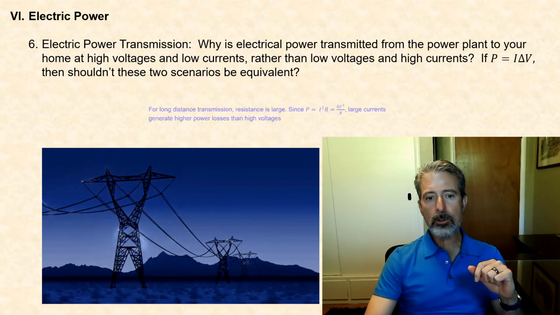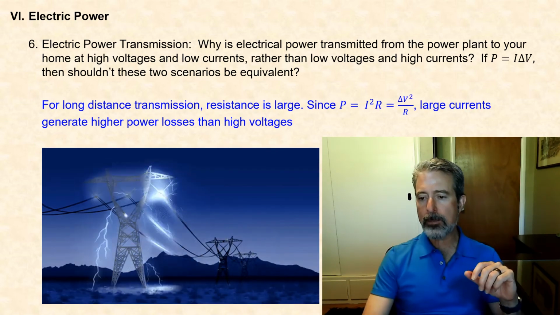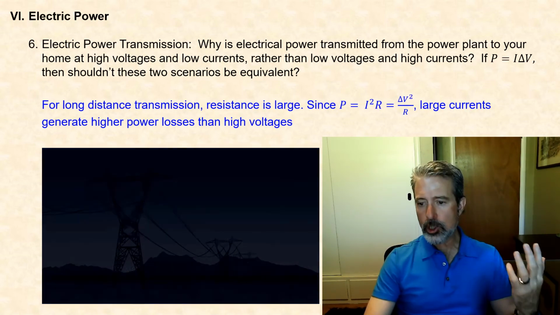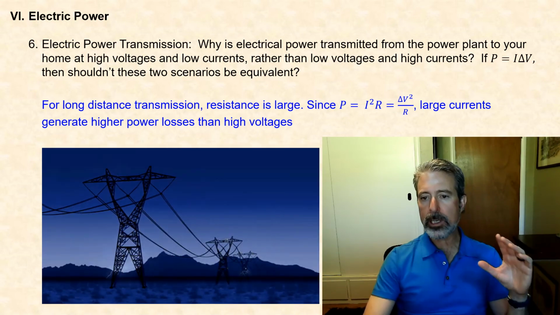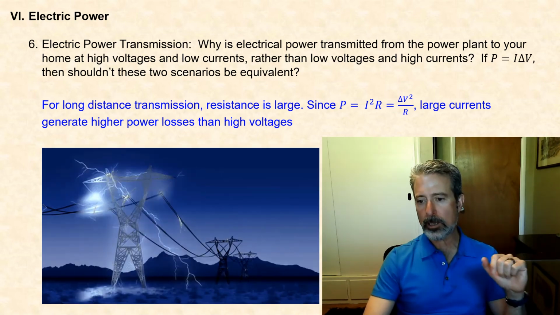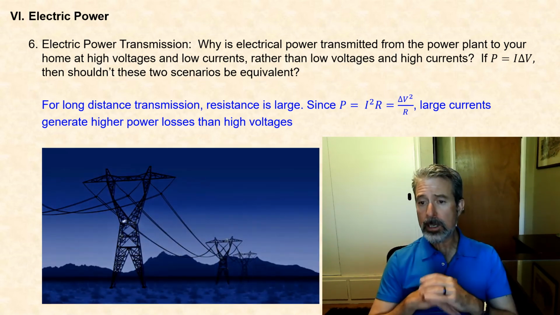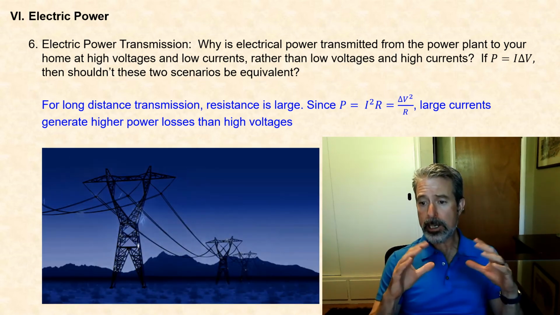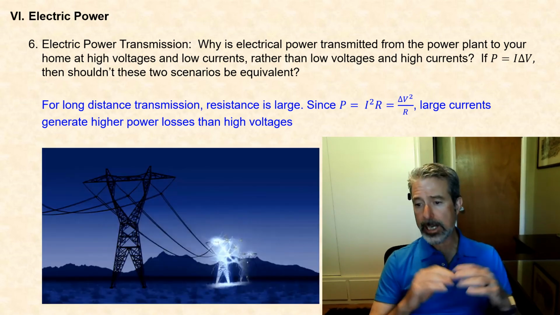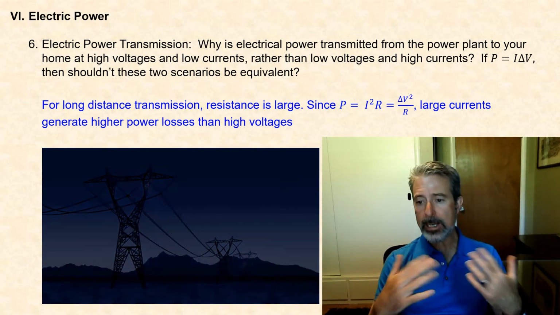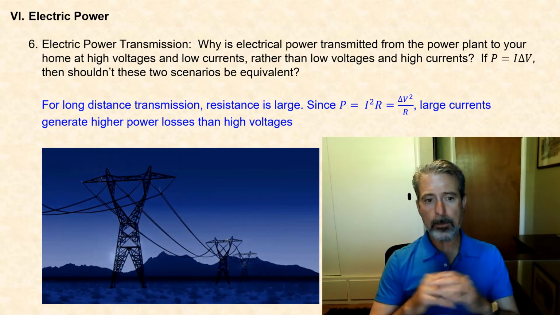Well, to understand this, remember that we talked about this I squared R power loss when we derived these expressions for electric power. And we said that the I squared R power loss has to do with the wasted electrical energy that gets converted into heat due to the transmission of electrical power.